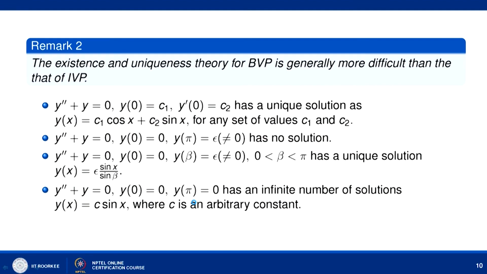Now, why are we again discussing the boundary value problem as different from the initial value problem? Because we have already discussed the initial value problem, the existence and uniqueness theorem, and considered several methods to find the solution of the initial value problem. But why are we bothering about the boundary value problem?